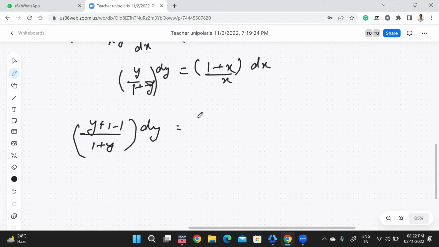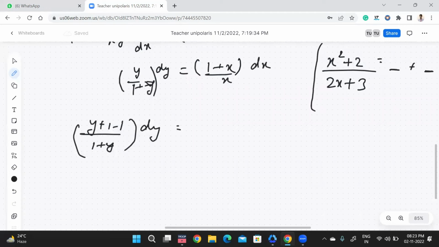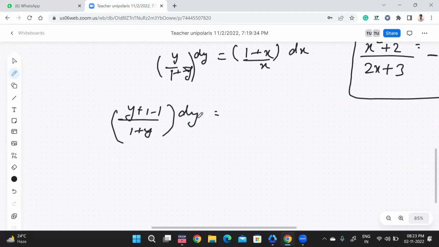But if you take, let's see, x square plus 2 over 2x plus 3, this type of term, now you have to write it in two terms. That's where you decompose this. So whenever the question comes, we'll do it like that also.